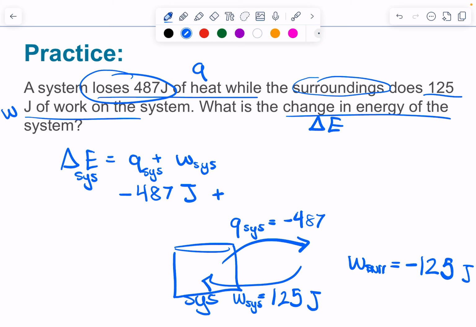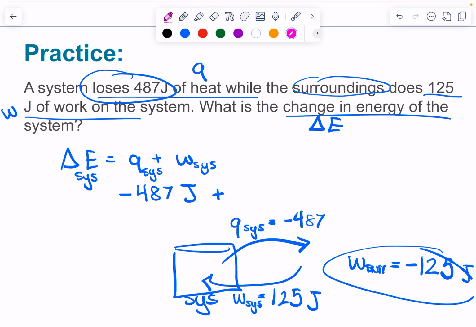Again, they need to be the same number, opposite signs. So you can think about it in terms of the surroundings, or you can just say, what's happening to the system? Is it getting the work into it, or is it the one doing the work? In this case, it's the one getting the work done on it, 125 joules, so it should be positive.